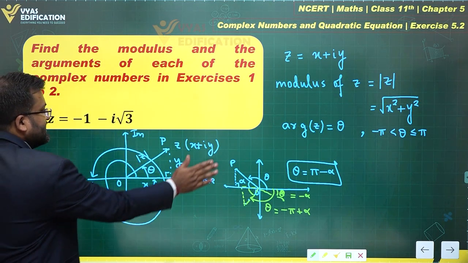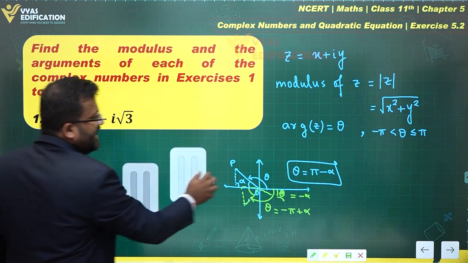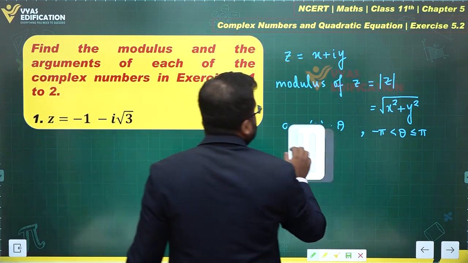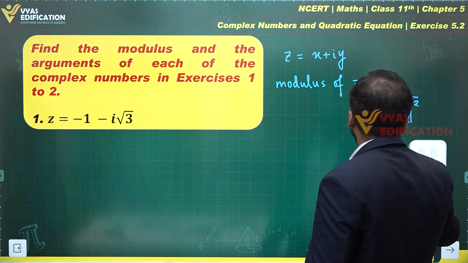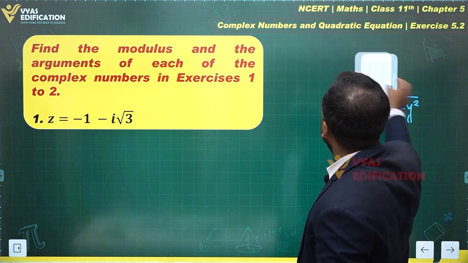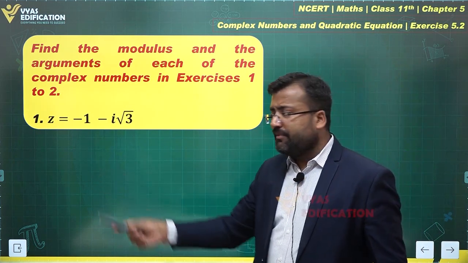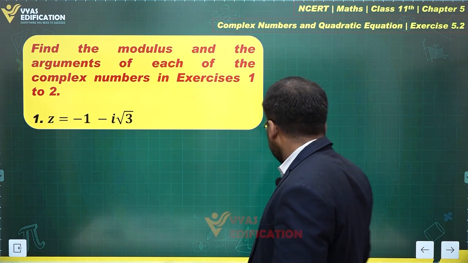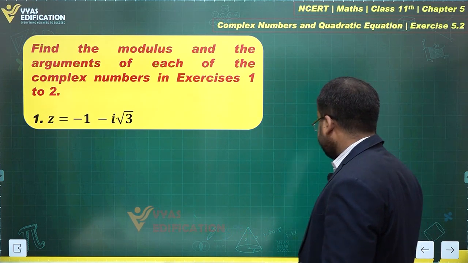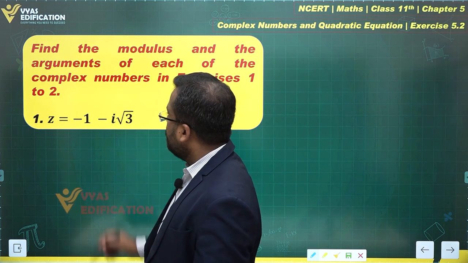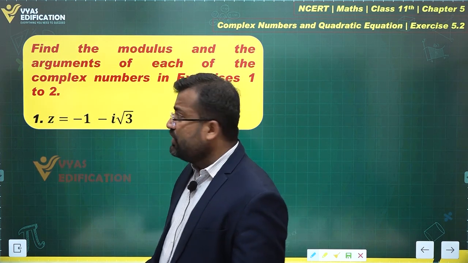Alright. So keeping this in mind, let's try to find the argument and modulus for this particular complex number z. So we begin with z equal to -1 minus i root 3.